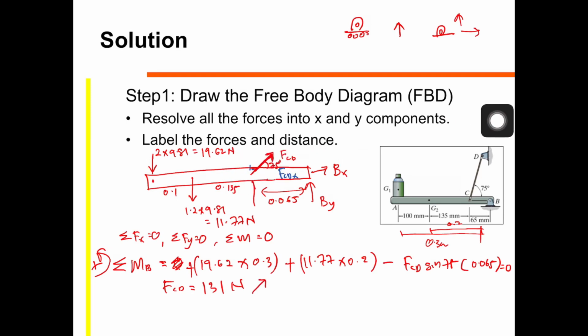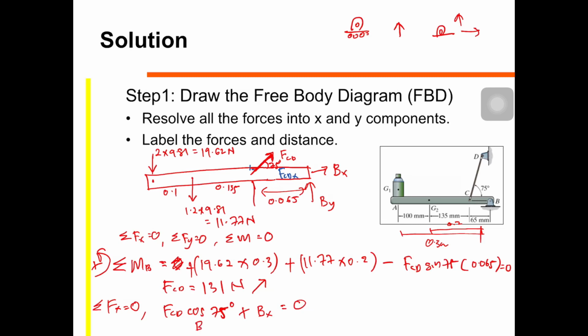So we go to the second equation, summation of Fx is equal to 0. This one is y direction only, this one is y direction only. So you have this type of force, FCD cos 75 degrees plus BX equals to 0.